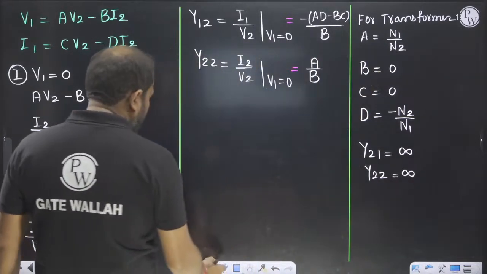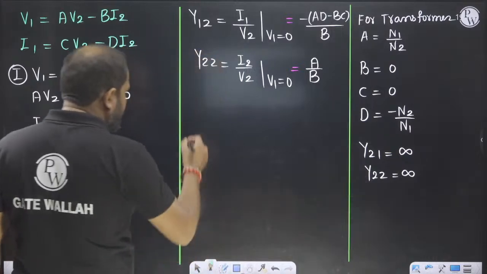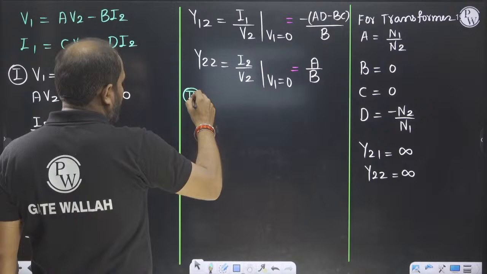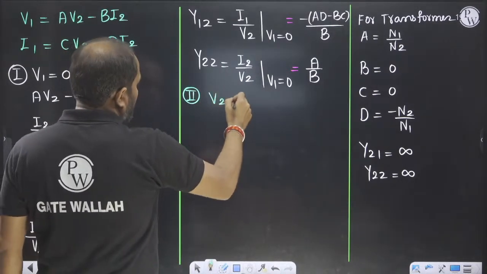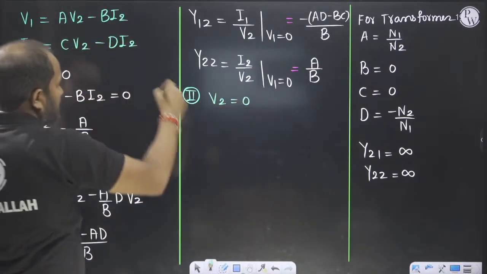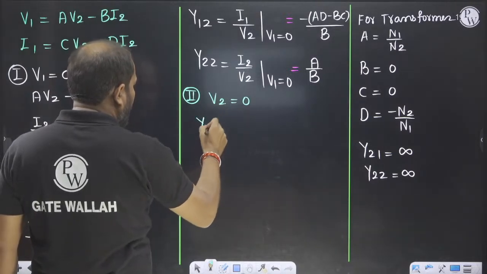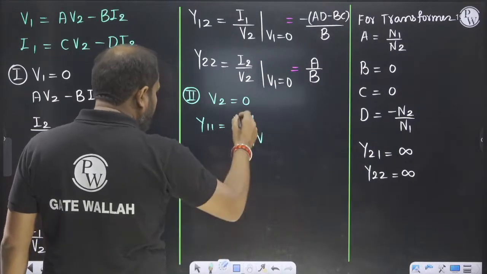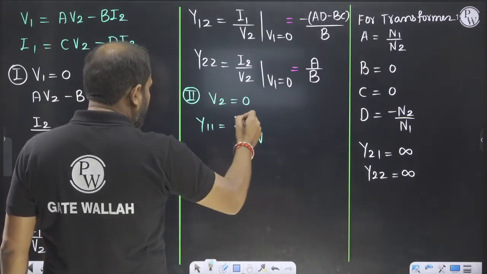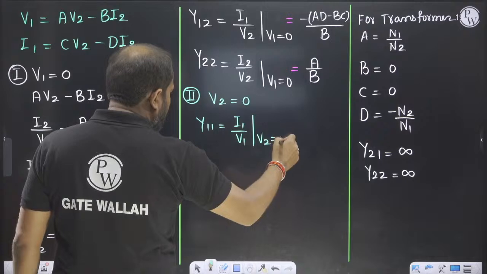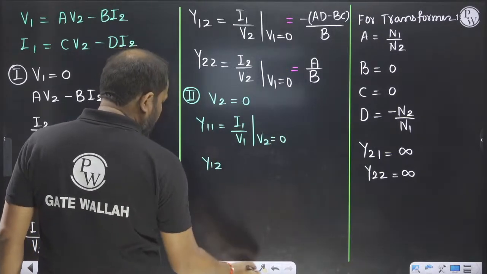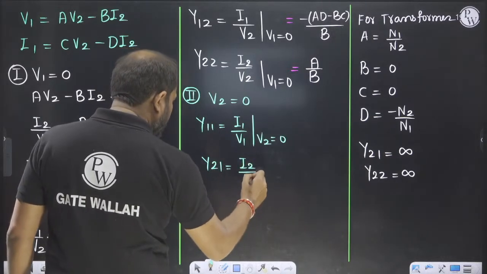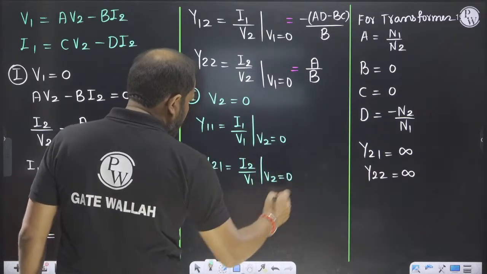Then we have the second case, V2 is equal to 0. If we apply V2 equal to 0, what will happen? Y11 is I1 by V1 with V2 equal to 0, and Y21 is I2 upon V1 with V2 equal to 0.